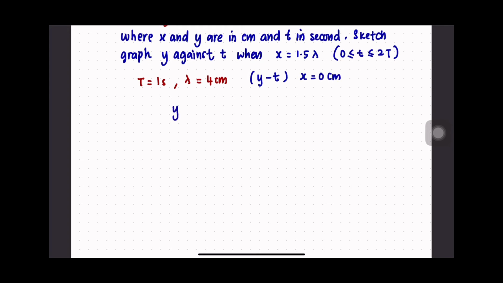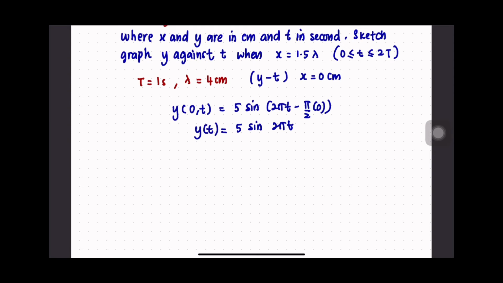Okay, so y x t is equal to 5 sin 2 pi t minus pi over 2 times 0. So the basic equation is 5 sin 2 pi t. This is why when we substitute the value of x equal to 0, we get the yt equation.